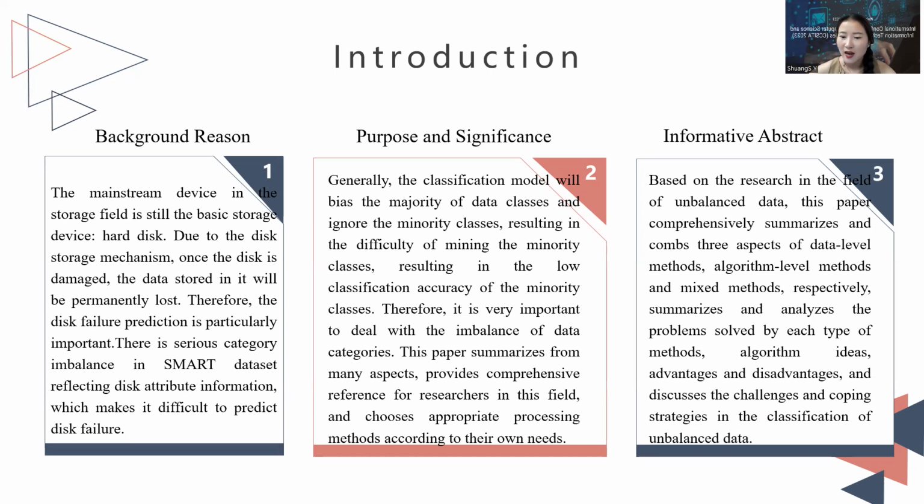It summarizes and analyzes the problems solved by each type of method, the algorithm ideas, the advantages and disadvantages, and discusses the challenges and coping strategies in the classification of unbalanced data.